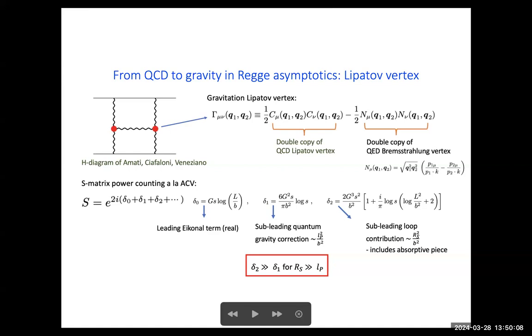And so for very large impact parameters, this is much smaller than the eikonal term, and you can ignore it. However, if you're interested in multi-particle production in gravity, this term is absolutely essential. And so this needs to be taken into account if you want a first principles picture of multi-particle production.